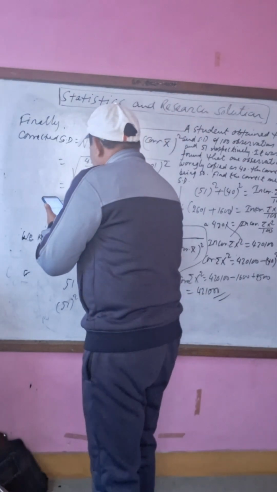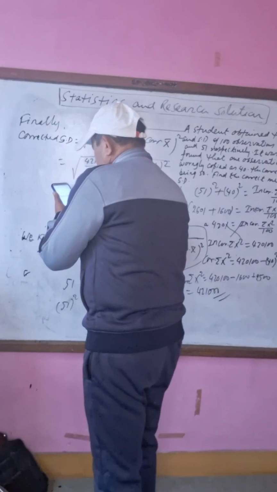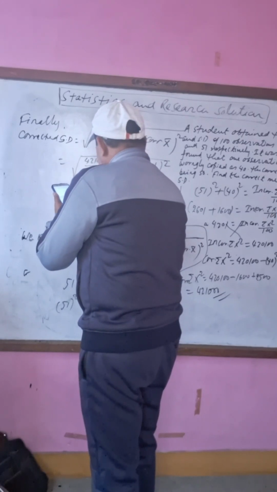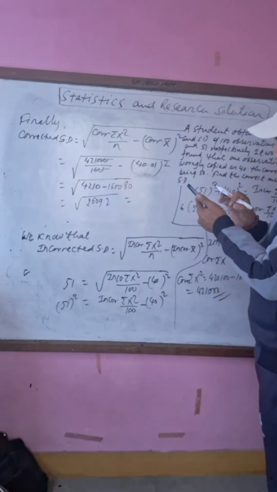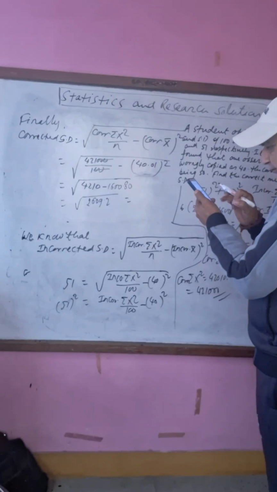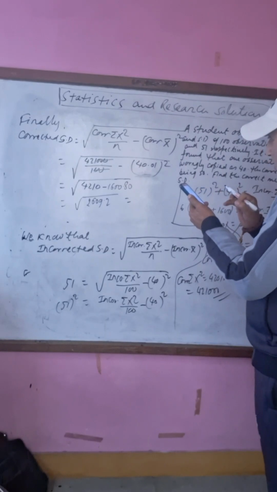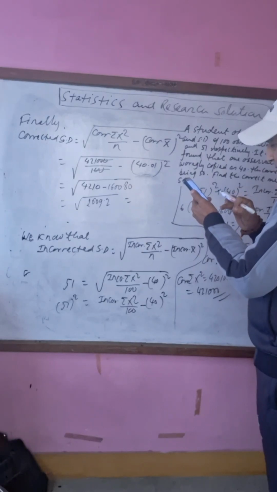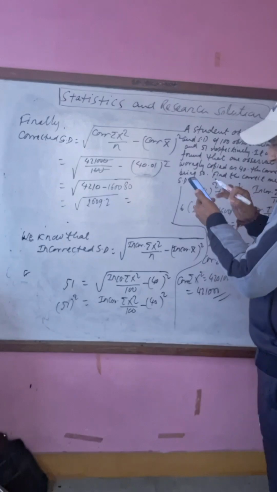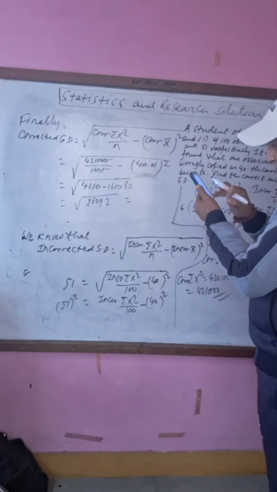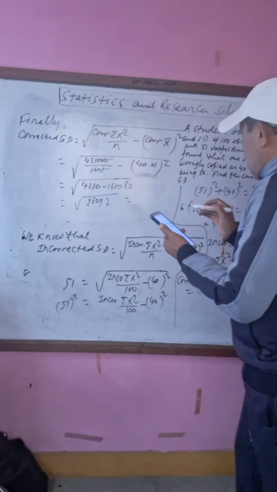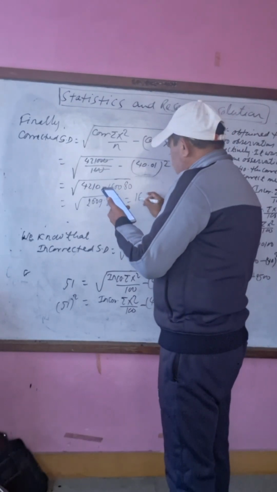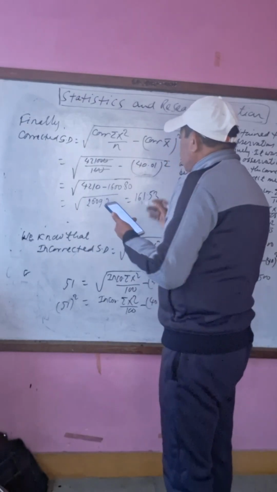That is 2609.2. Now you take the square root of this, square root of 2609.2, which is 161.53.